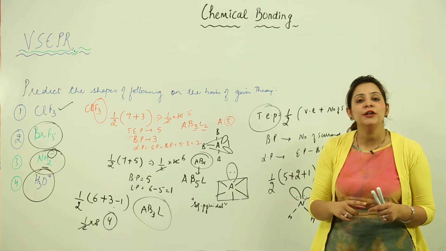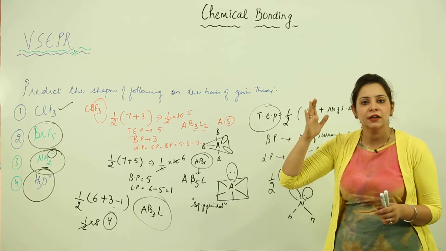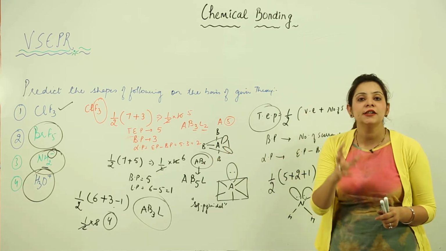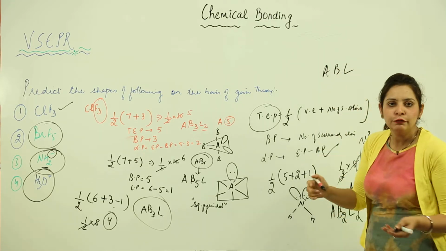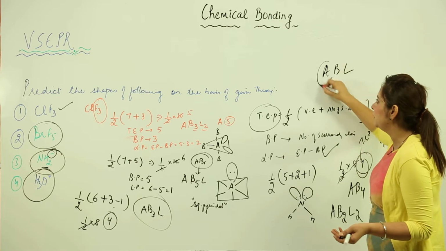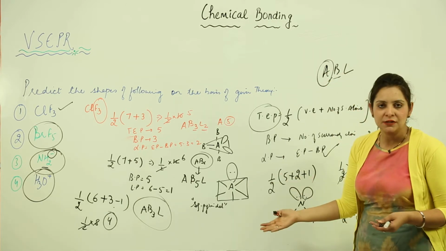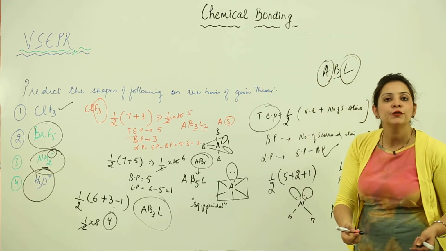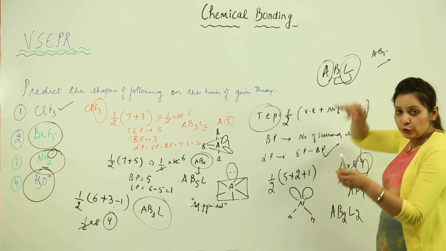And after that, you need to subtract the bond pair from the electron pair, and after doing that you will get the lone pair. Just try to write in AB, ABL form, like this will be a central atom, put B as 2, 3, 4, whatever is the number for the bond pair, and likewise whatever number is for the lone pair. Then total it, then you will get the perfect geometry, that was the original one.